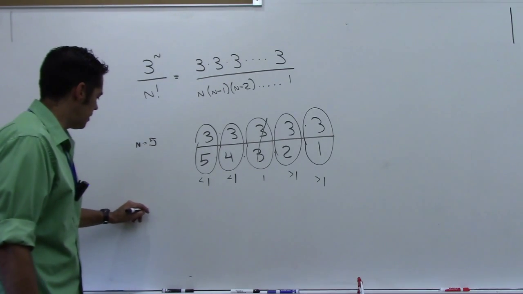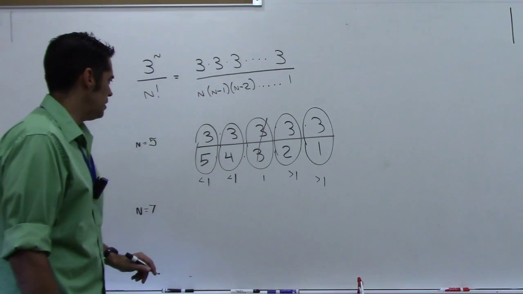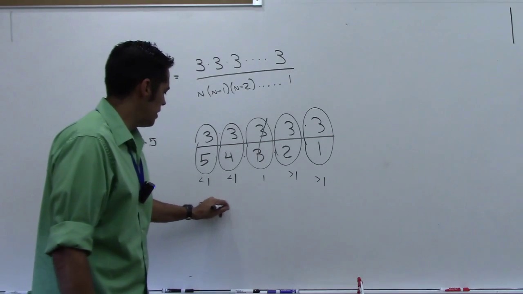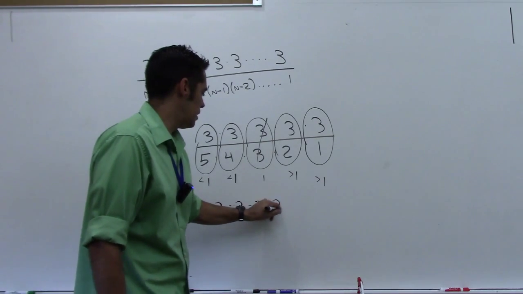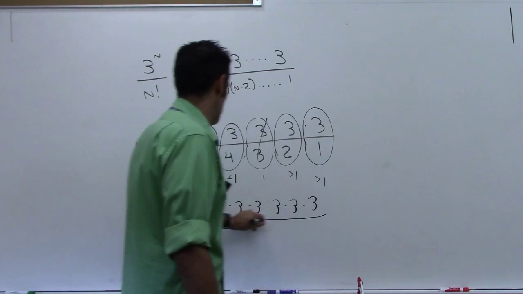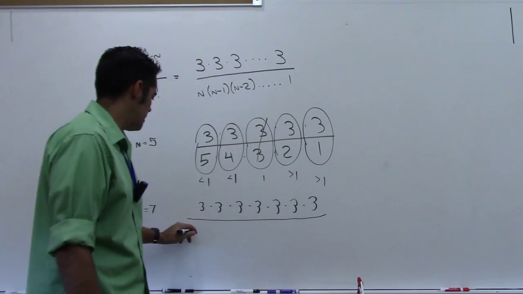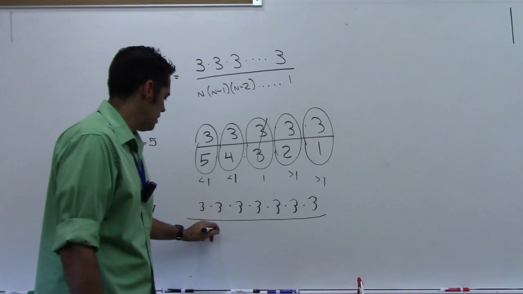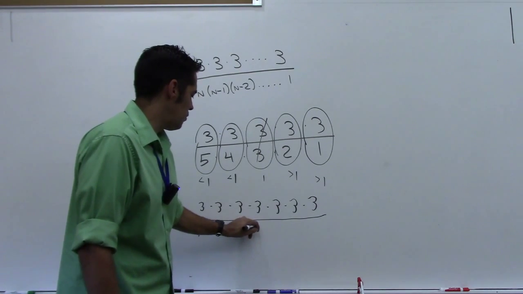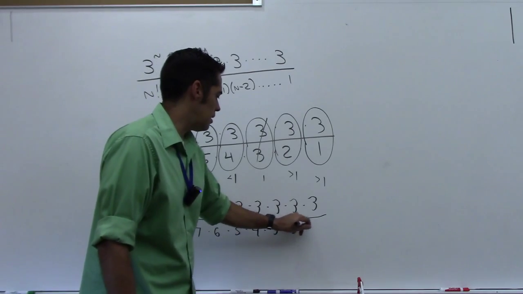If I let n get bigger, n be 7, then we're going to have 3, 3, 3, 3, 3, 3, 3 over, and then, let's see, 1, 2, 3, 4, 5, 6, 7. We've got 7 times 6 times 5 times 4 times 3 times 2 times 1.